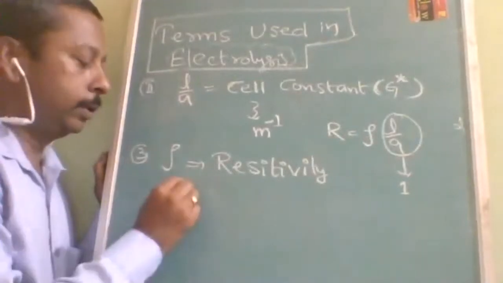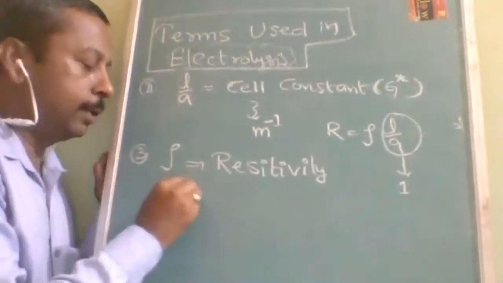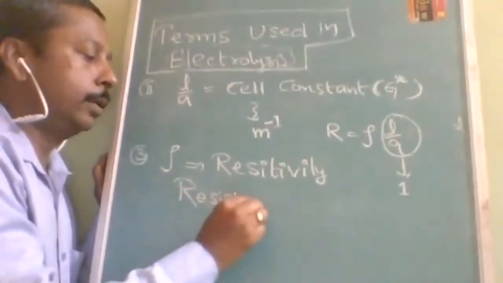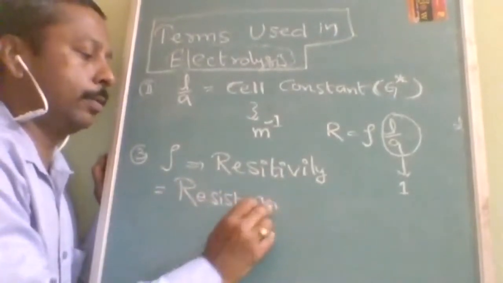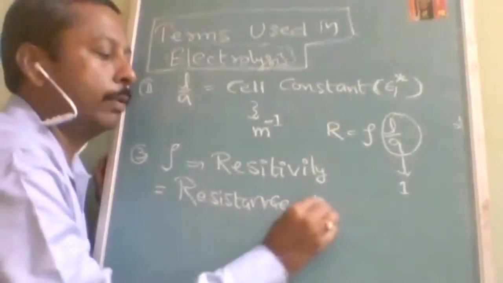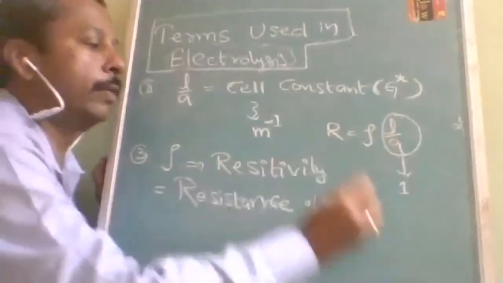So resistivity is defined as the resistance offered. But what condition should it satisfy?